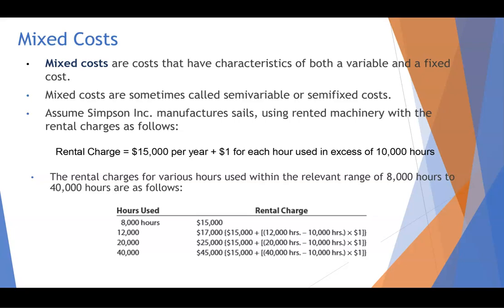Where if we've got 12,000 hours, we're going to have an increase to $17,000. 20,000 hours used would be a rental charge of $25,000, and 40,000 hours used, we would have a higher cost.